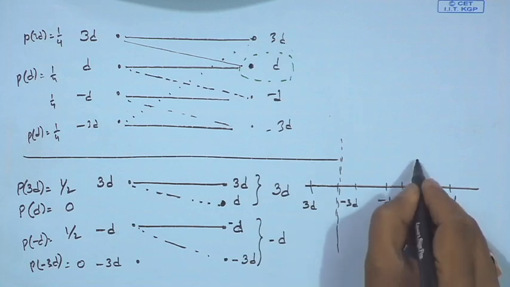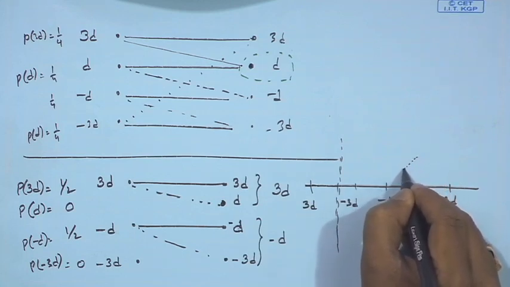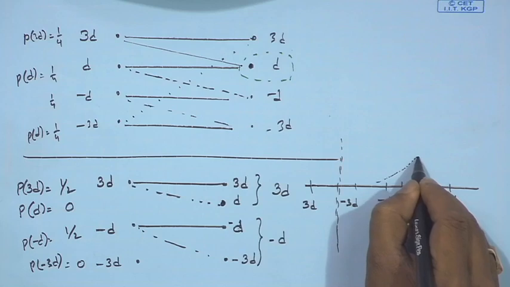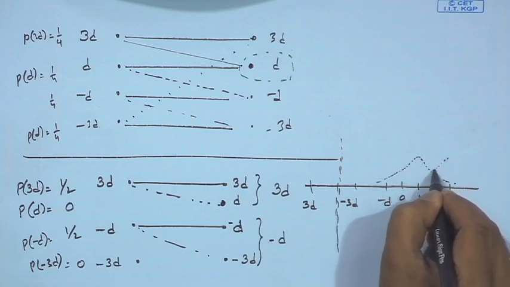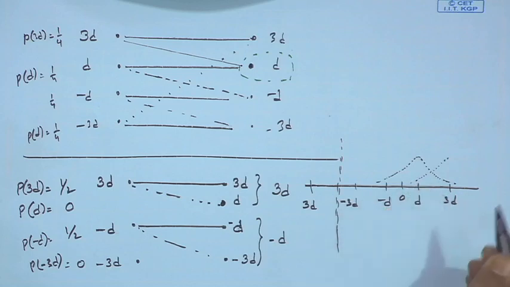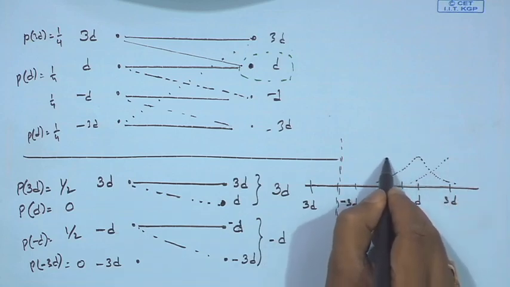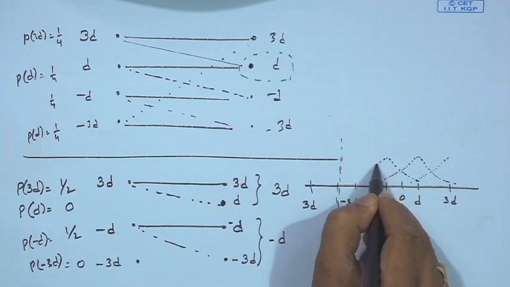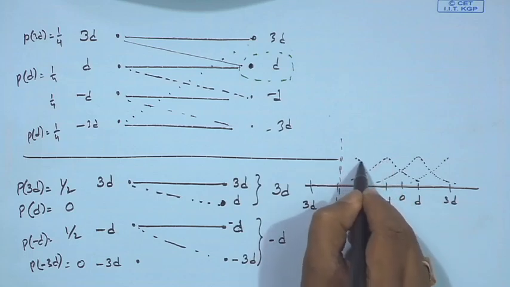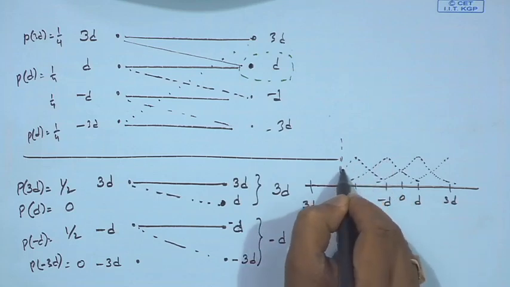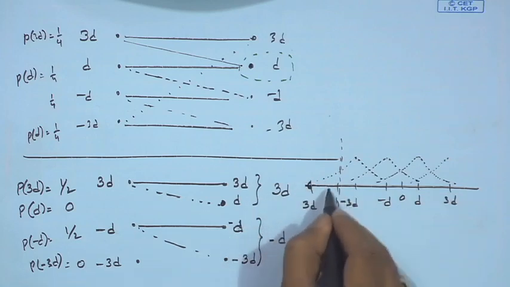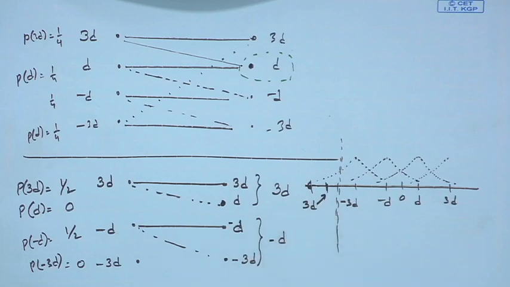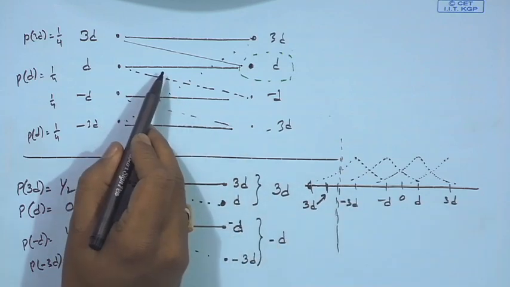How will the conditional probabilities look? They would look like this. Sorry, this will be 3D, if it is wrapped around. This maps to a situation like this.